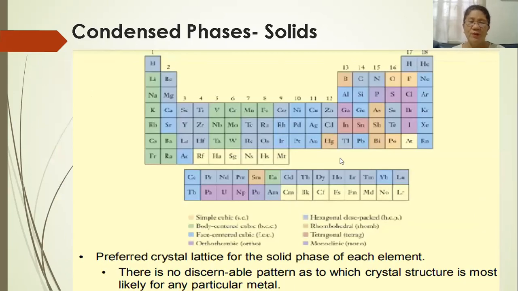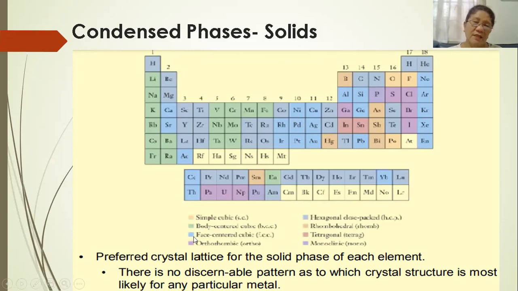So looking into this, the colors here, looking into the different elements, you can see what crystal structure they have. The brown ones, what are they? That is the simple cubic: the mercury, the bismuth, polonium, oxygen, fluorine, the actinium, and antimony. They are simple cubic. How about for the BCC?